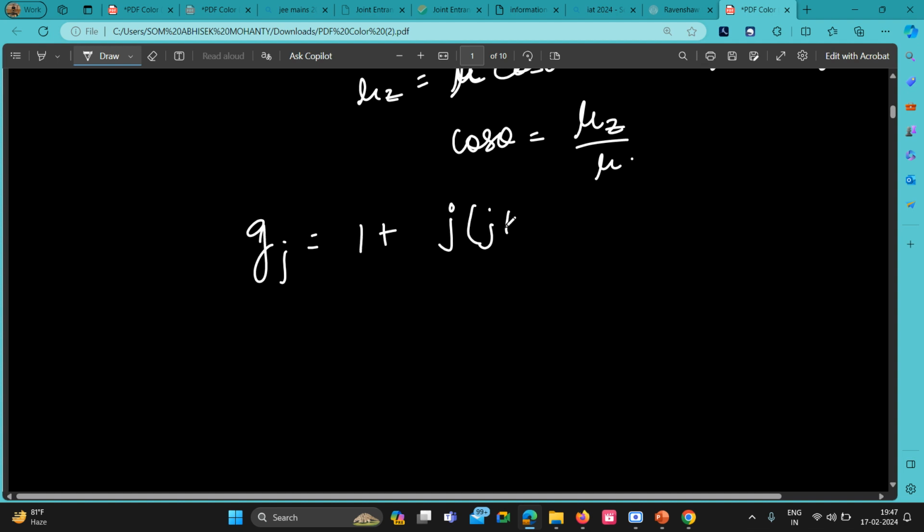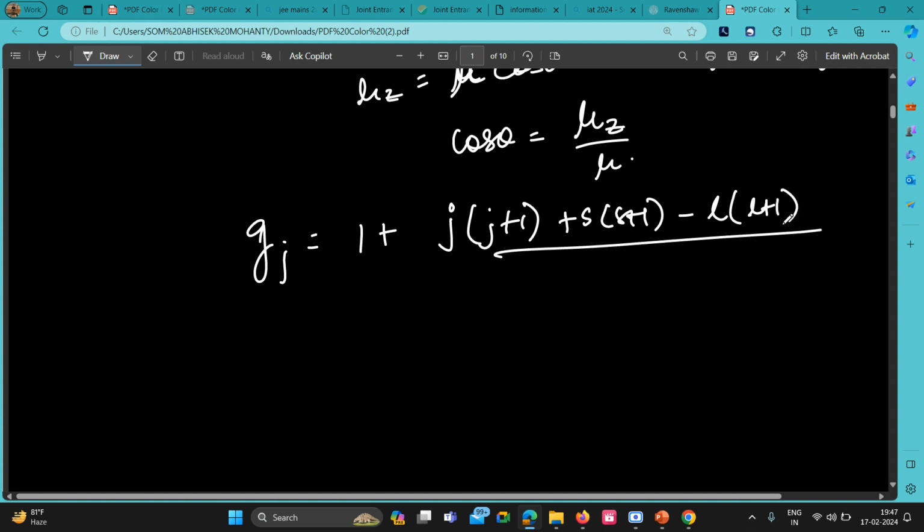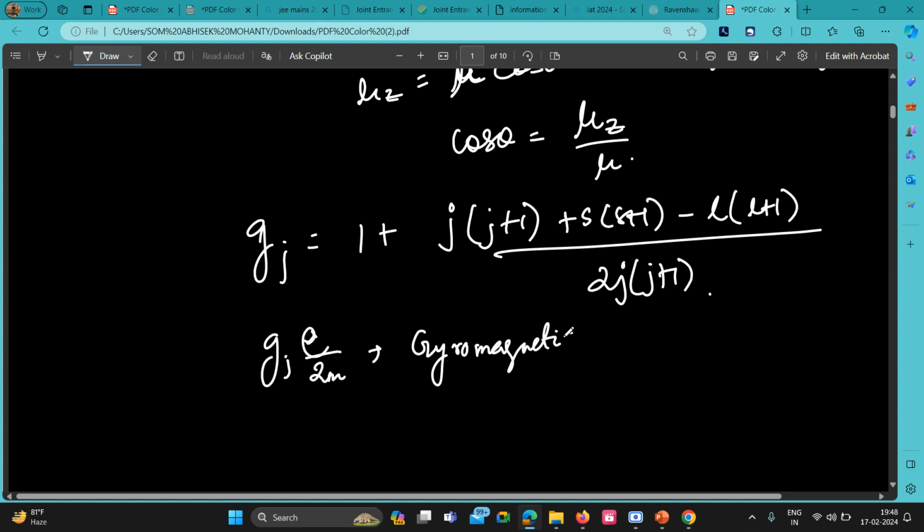You would have studied it in atomic and molecular physics. Gj e by 2m is called the gyromagnetic ratio, which is mu by J.